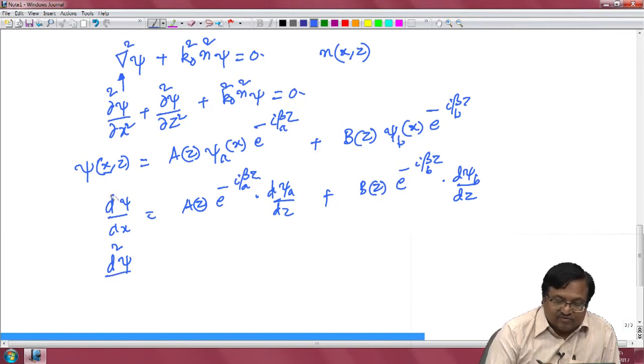Because psi is a function of both x as well as z, let us use del square by del x square.